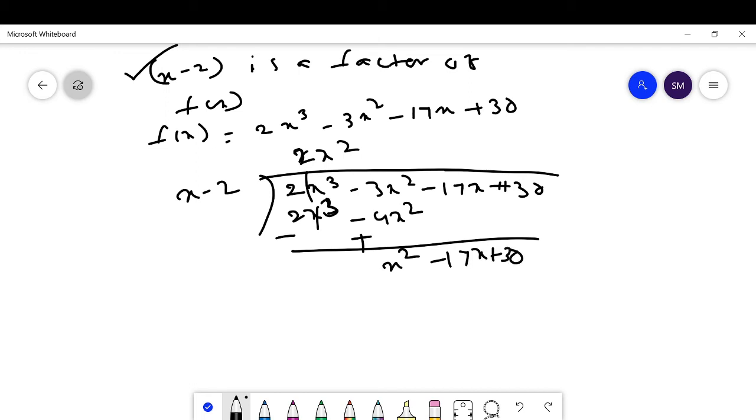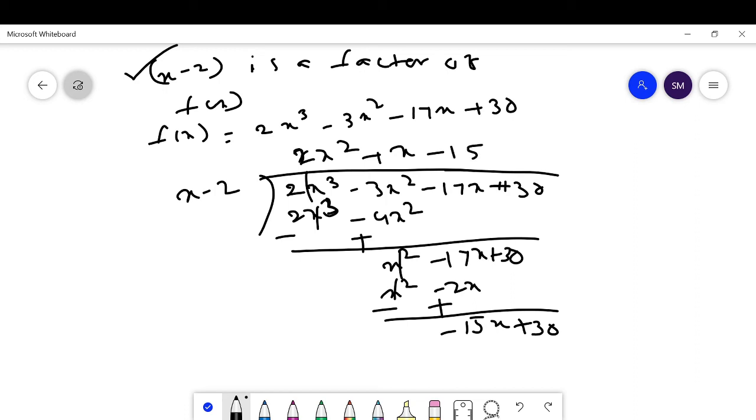Then what will be multiplied with x? x. Then we get x square minus 2x. Then we get minus 15x plus 30. Then again we multiply by minus 15, and you get the remainder 0.